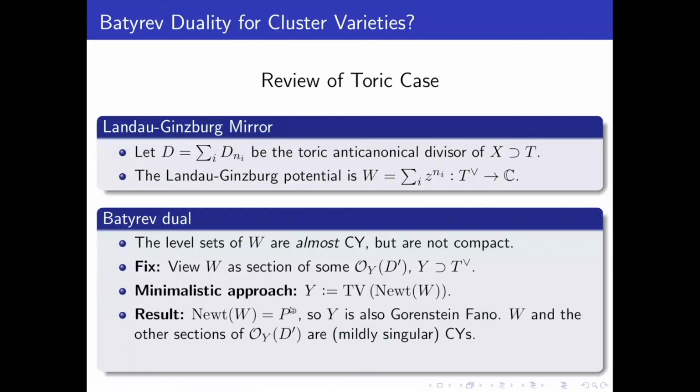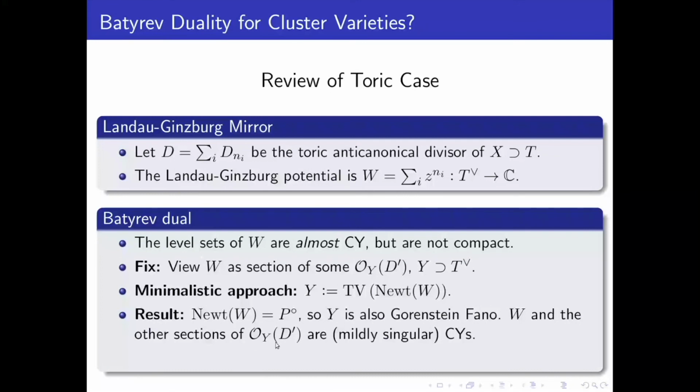In fact, it's the dual to the original anti-canonical polytope for (X, D). So as a result, Y is also a Gorenstein-Fano toric variety. And in this picture, W and the other sections of O_Y of D prime are mildly singular Calabi-Yaus.